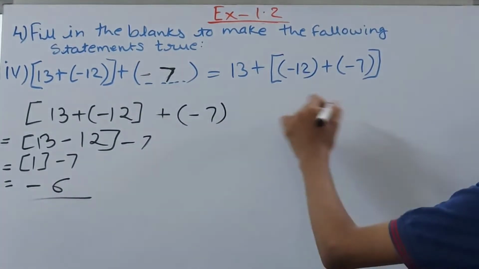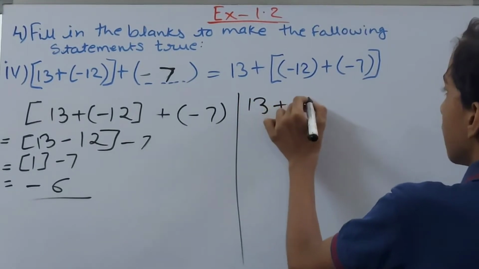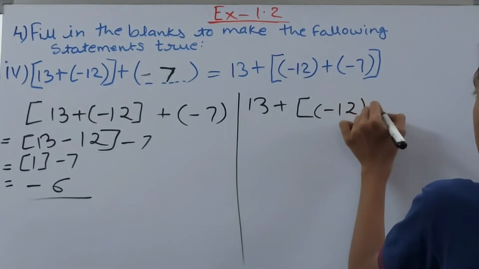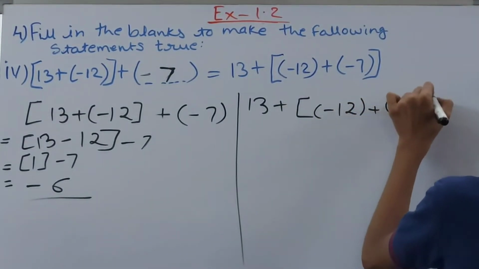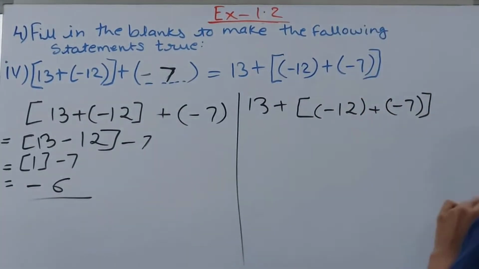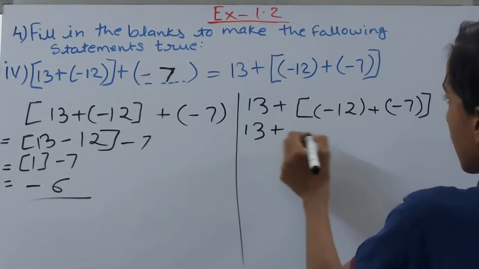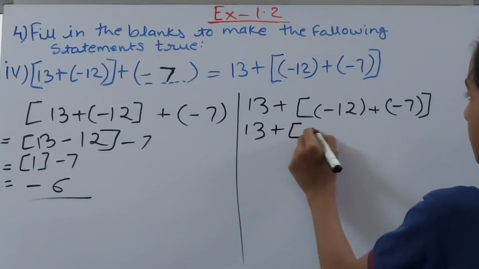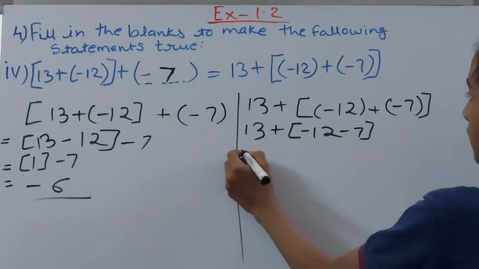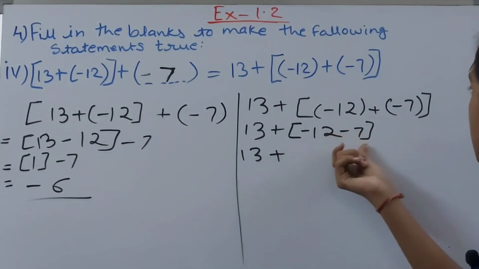Next we have this one, that is 13 plus, in the bigger brackets, minus 12 plus minus 7, right? Then you close this bracket. This is the 13th one. Now this we solve, so 13 plus, and here in the bigger brackets you open this, minus 12 plus minus 7, you close it, so 13 and plus this minus 7 and minus 12, right?